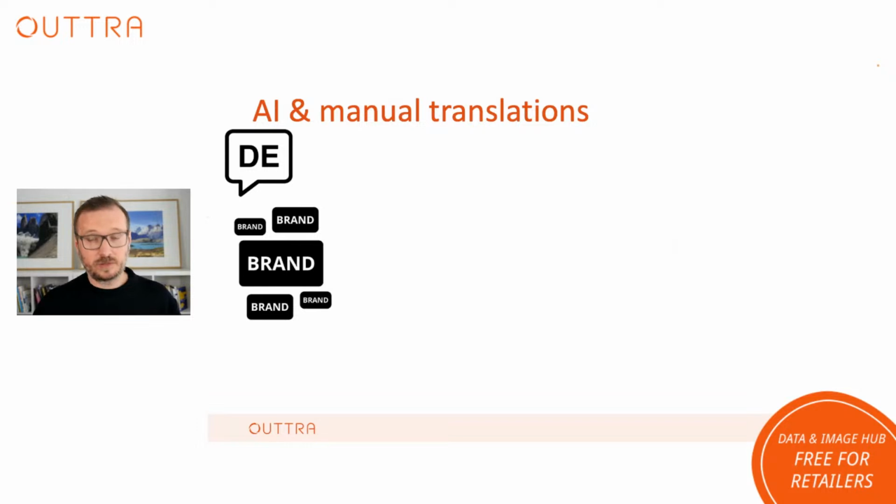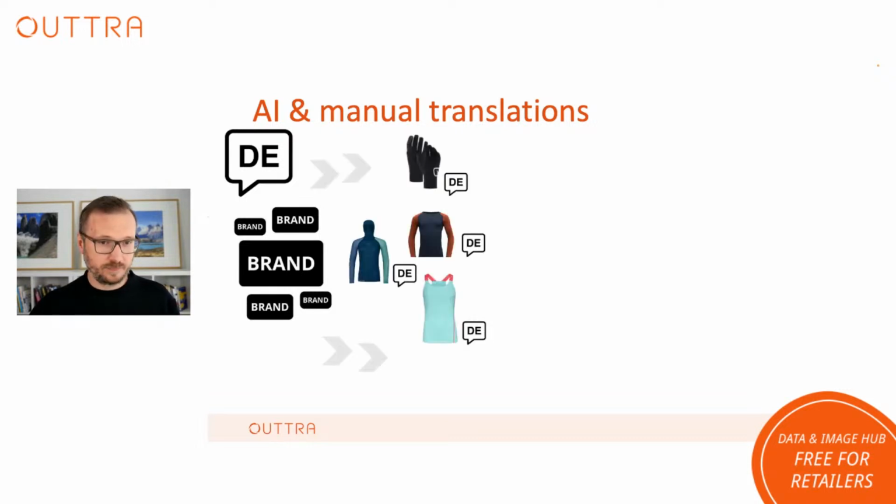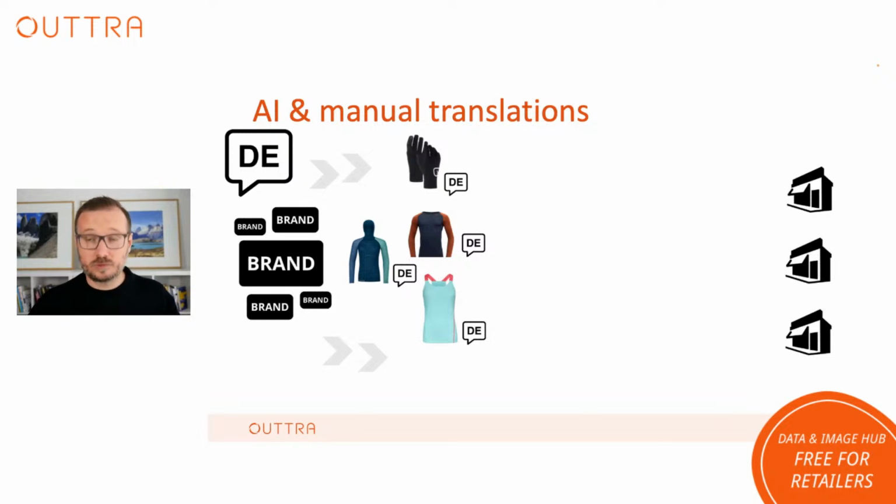And the third possibility we have here is AI and manual translations. Often brands have the product data for their products in special languages. In this case, it's the German language from the brands. They have the different products, and they have the different descriptions for these products in German. But on the other side, we are also talking about international customers, international retailers.